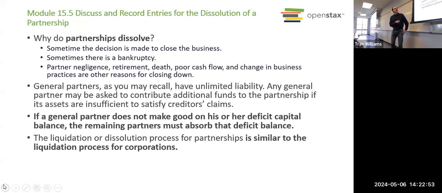So why do partnerships dissolve? Well, as it says here, if a general partner does not make good on their deficit capital balance. In other words, you've got a partner that's taken out all of their capital, or if the company had losses and that partner ends up with negative capital, as we've seen sometimes once you pay the salaries and divide up the losses, it can have a negative impact on a partner's capital.